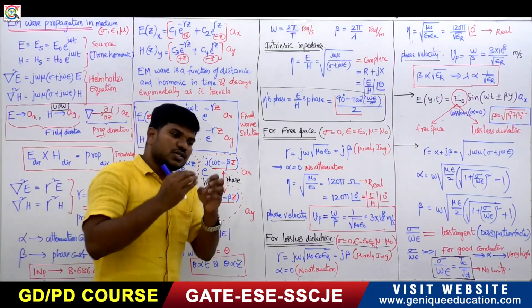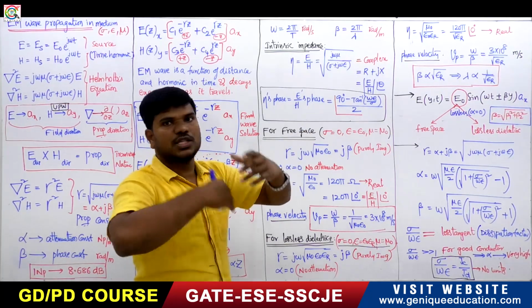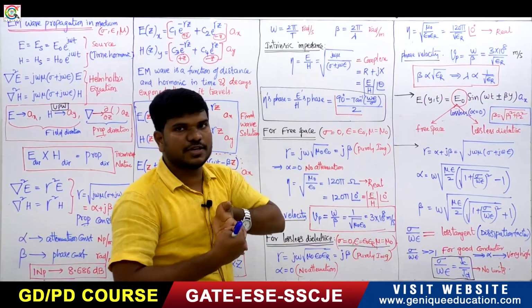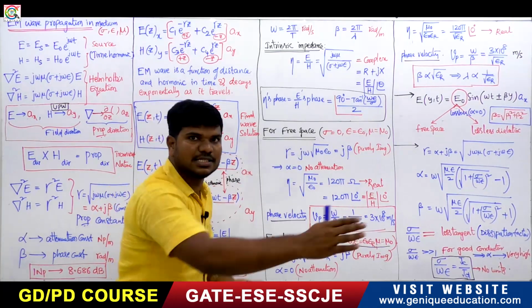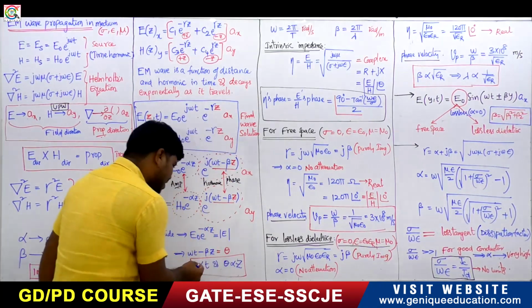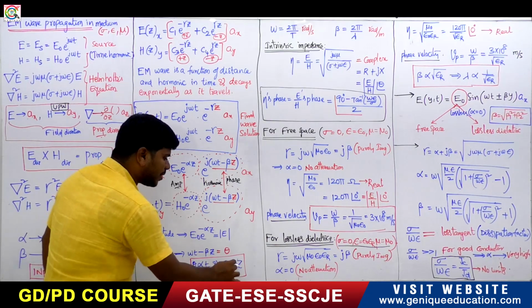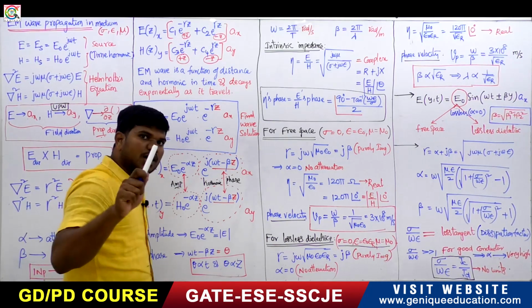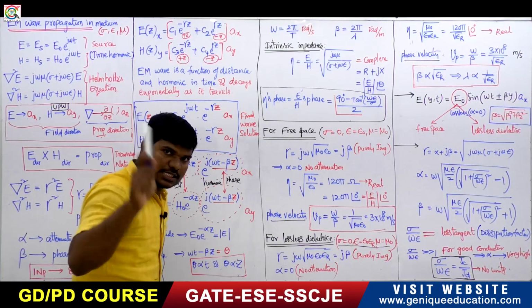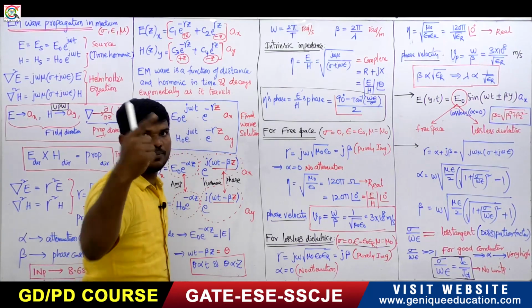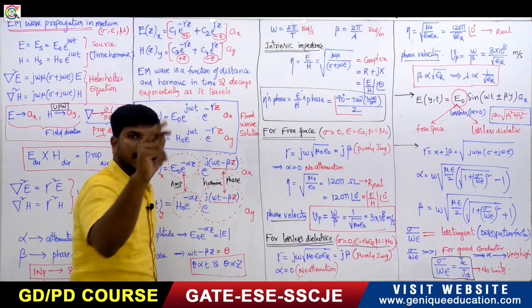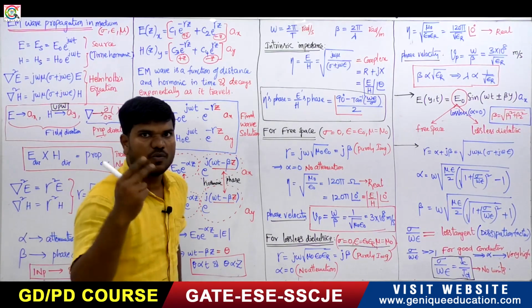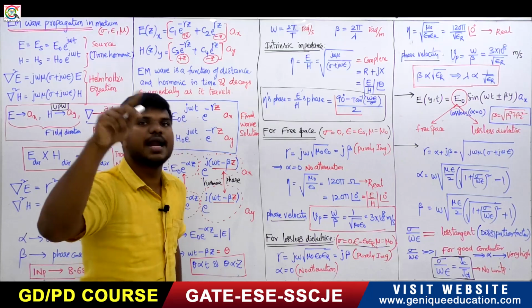As time increases, the phase of the EM wave will change, and as the distance increases, the phase will also change. So that's why theta is proportional to t and theta is proportional to the distance. The phase of an EM wave is a linear function of the variables. There are two variables. What are the two variables? Time and space.